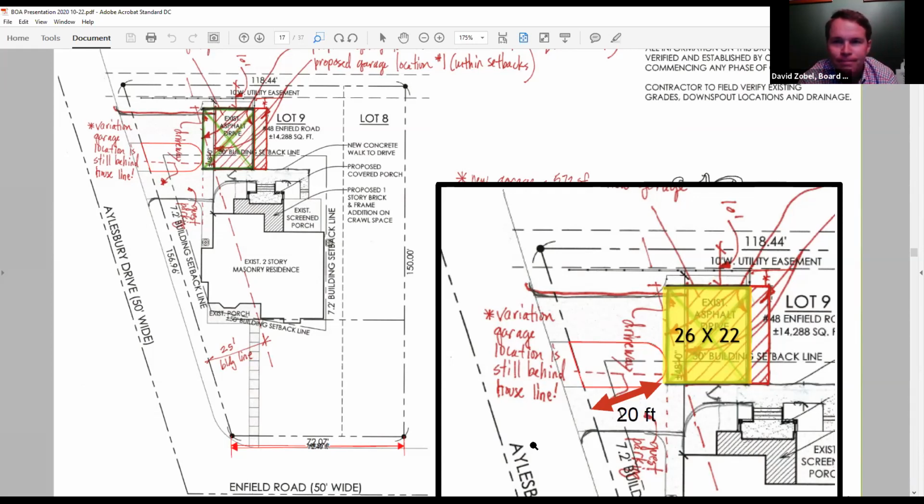Yeah. My feeling on it is if they could still move it over 5 feet and not ask for a variance, the one thing that they would lose is a little bit of their yard and a little bit of a view, which really isn't a hardship. I want a bigger backyard and a better view from my window.